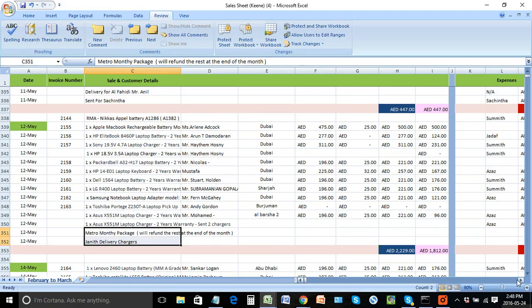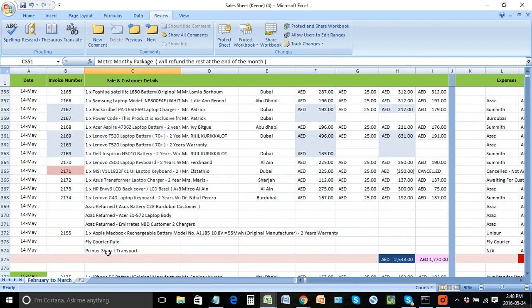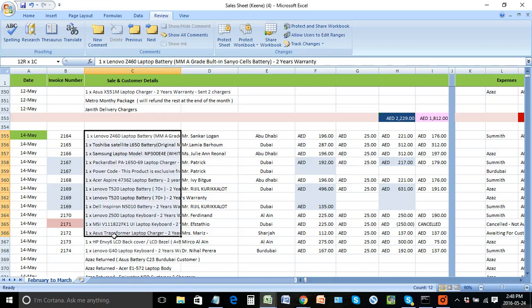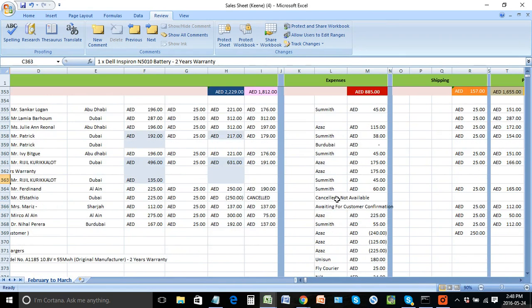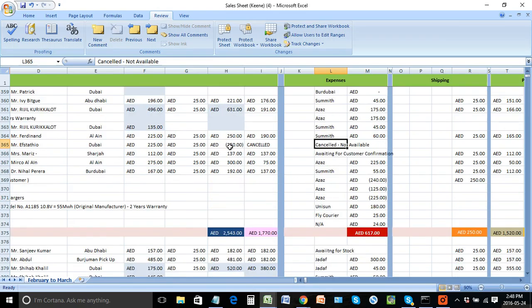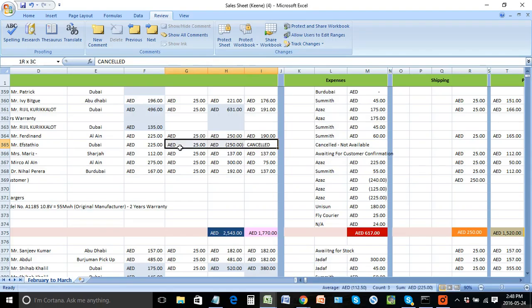Take this one, you have a bunch of information like expenses, but when you go to this side, it says cancel not available. If it's cancelled, it should not appear here. If it's cancelled and you paid for this item and you have it in stock, that's a different story.